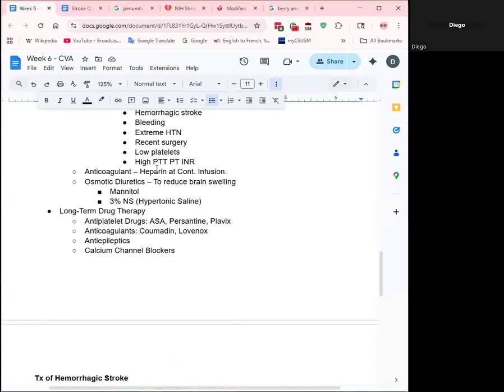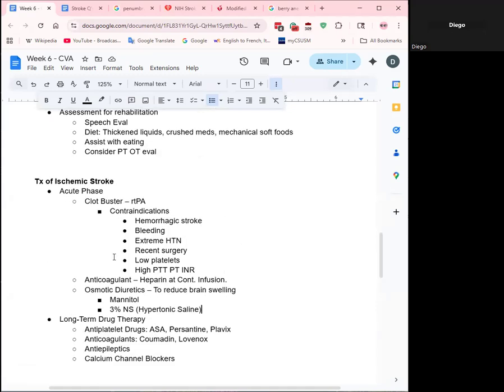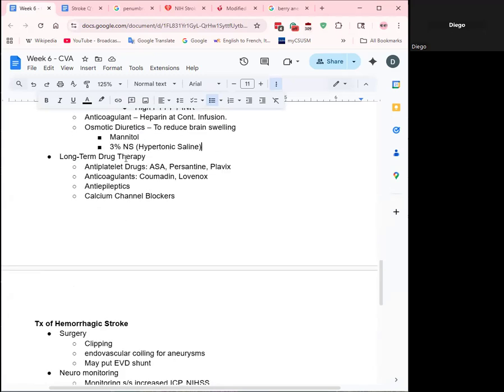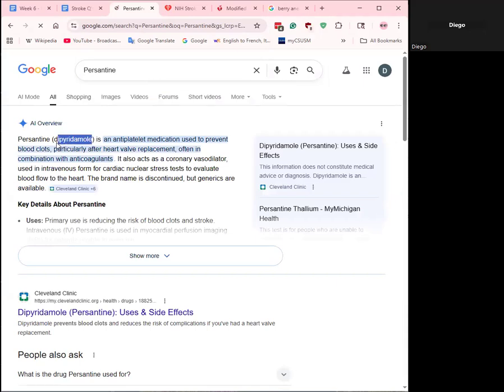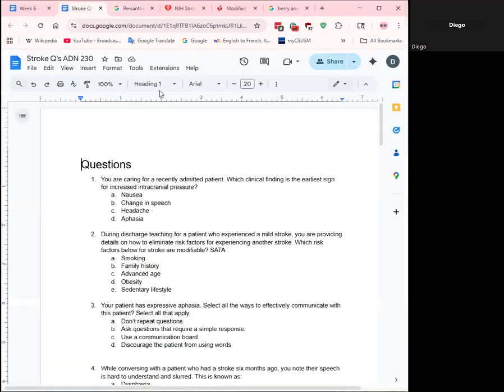For long-term therapy, and this is all still for ischemic stroke, long-term drug therapy includes antiplatelet medication. Like I said, aspirin and Plavix are the most common ones. There's this other one that I've seen, Persantine, or dipyridamole.